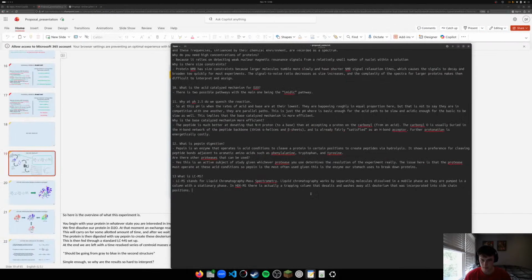Okay, so liquid chromatography works by separating molecules dissolved in the mobile phase as they're pumped to their destination.